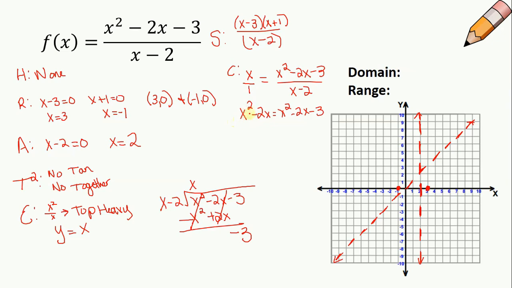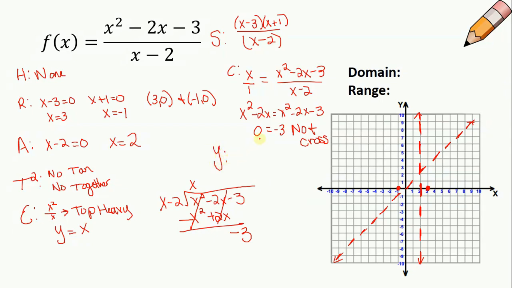Well, if I subtract, it's going to cancel out. So I'm going to get 0 equals -3. So this tells me I'm not going to cross in the middle. Good thing. And yes, guys, they will one time. I guarantee you it's going to cross. We just haven't hit a problem like that yet.